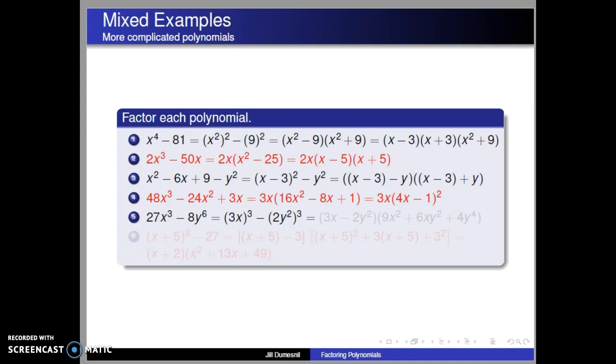Now using the SOAP rule to factor, we get our first base, same sign, the second base as one factor. And then for our trinomial factor, we get the first base squared, so 3x all squared is 9x squared. Opposite sign, the product of 3x and 2y squared. Always positive, we take our 2y squared and square it for a 4y squared.